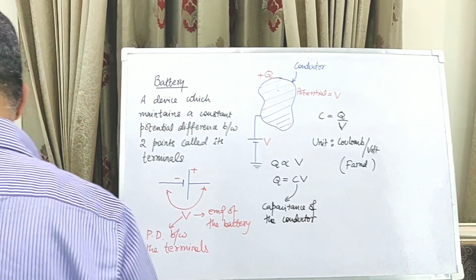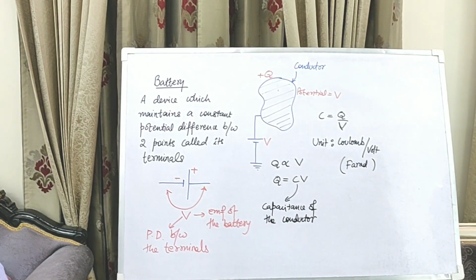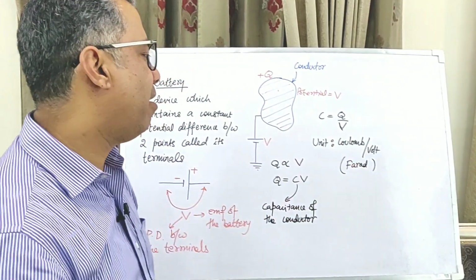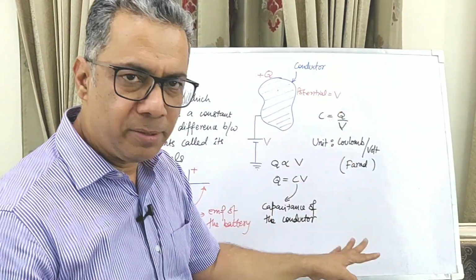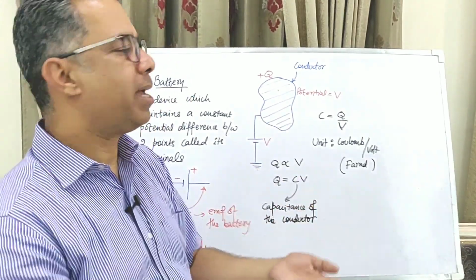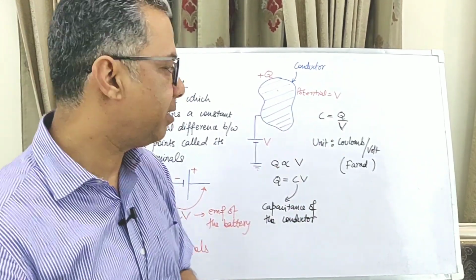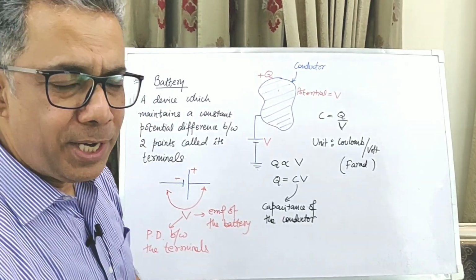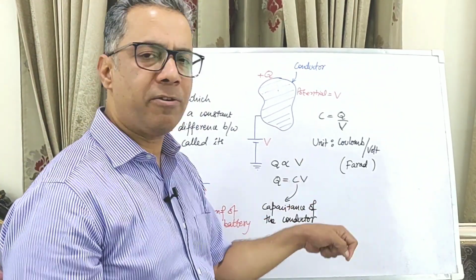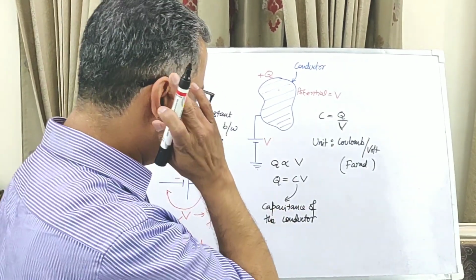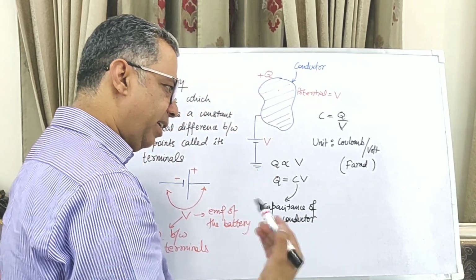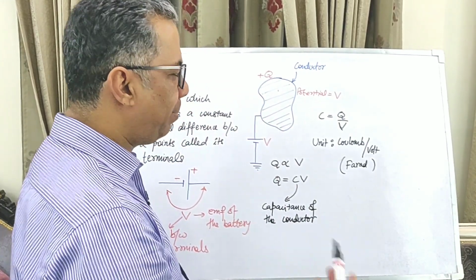Mind you, this Farad is an enormously large unit, very, very large, and it's almost impossible to create a capacitor which would have a 1 farad capacitance. Practical units of capacitance are microfarad, nanofarad, picofarad, etc. And those are the capacitors that you will be dealing with in practical applications.